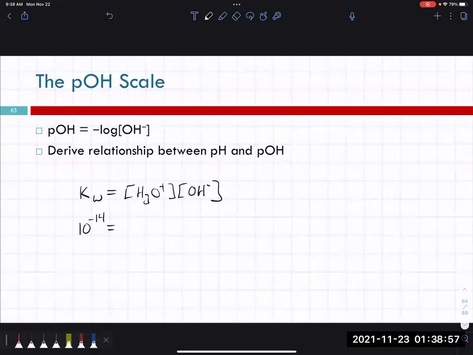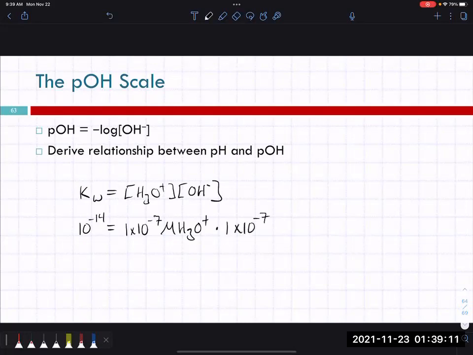This is 1 times 10 to the -7 molar H3O plus times 1 times 10 to the -7 molar OH minus.